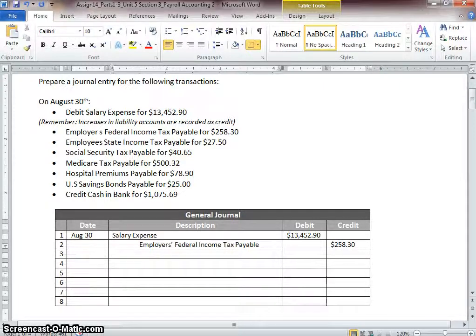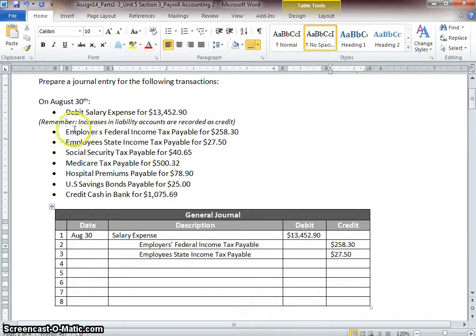My next transaction then is going to be employees' state income tax payable, because we match it as an employer, and that amount is going to be $27.50, and you get the idea, right?